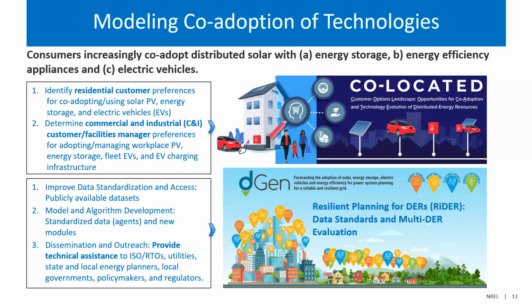Moving quickly to some of the current research work that we have been part of. Two current DOE projects are running as we speak: one is Co-Located and one is RIDER. The Co-Located project is a collaborative project led by EPRI, NREL, and LBNL. EPRI is the PI on it, and NREL and LBNL are key components.